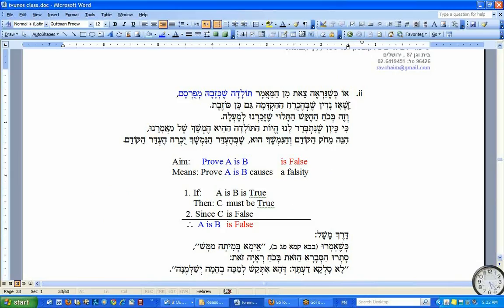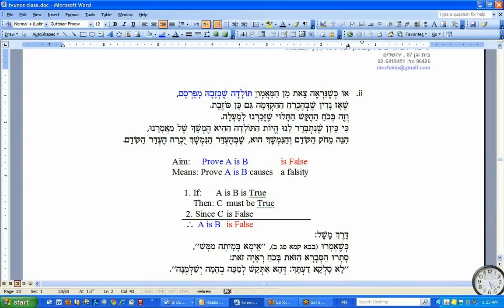I take your statement, and I show that it leads to a false statement. If your statement is true, then the following must be true. Since the following is not true, then your statement is false. Okay? That's called ad absurdum. Again, Keshinir Tseis Min Amama.